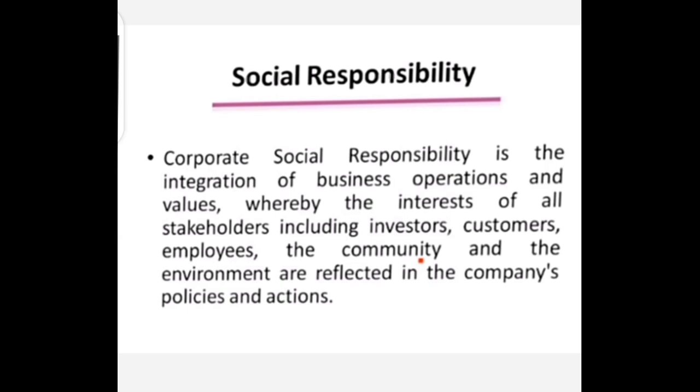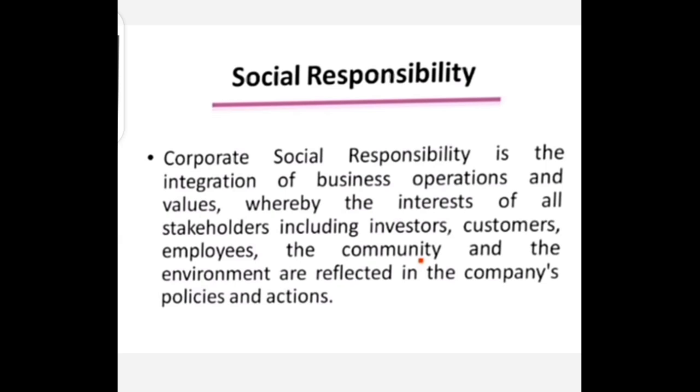Then there is another concept that is known as social responsibility. So what is social responsibility? Businesses operate in society and they earn from society, so businesses have to take social responsibility into account.